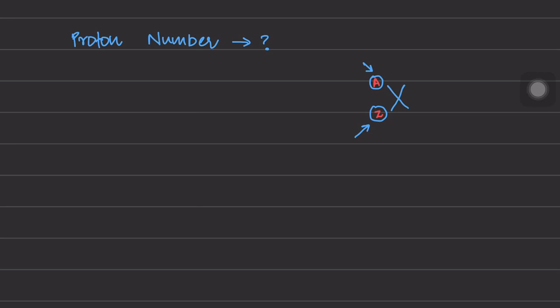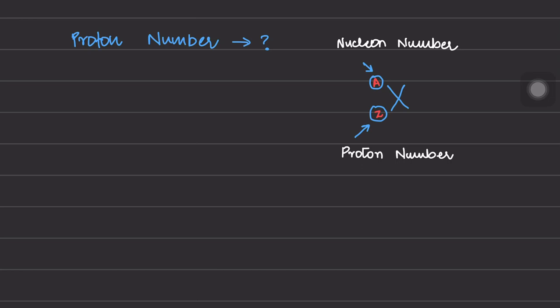The letter A stands for the nucleon number. Write that down. And this Z here is what we call the proton number. The proton number is the number of protons that you have in an atom.